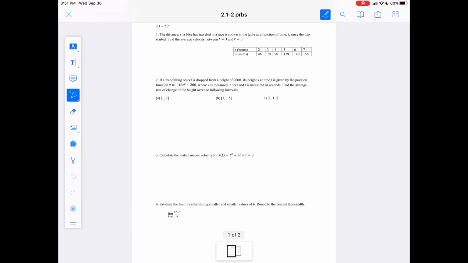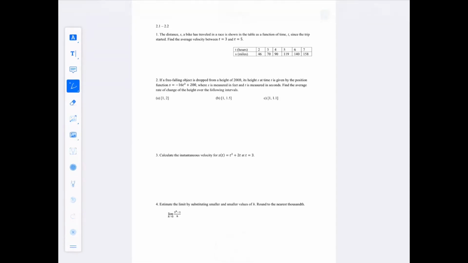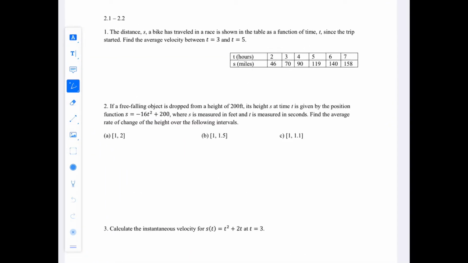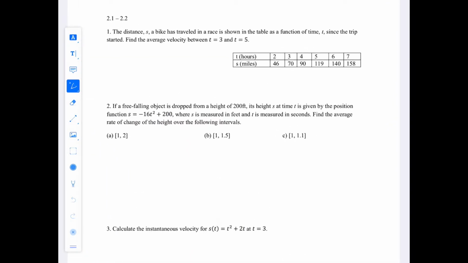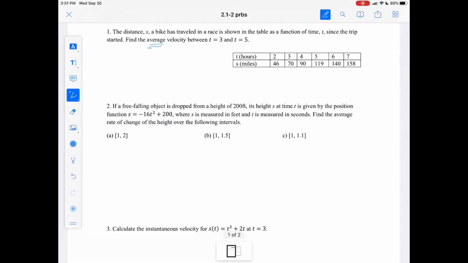So let's look at this example. For question 1, we're given that the distance S that a bike has traveled in a race is shown in this table. And we want the average velocity over the interval from t equals 3 to t equals 5. So this is where we're thinking S of 5 minus S of 3 over 5 minus 3.